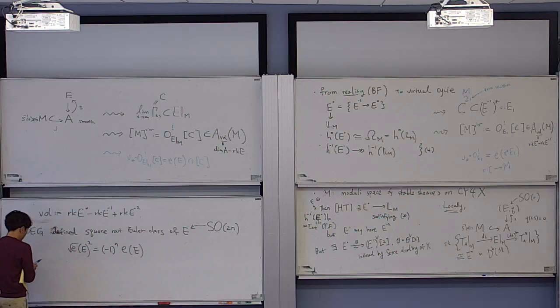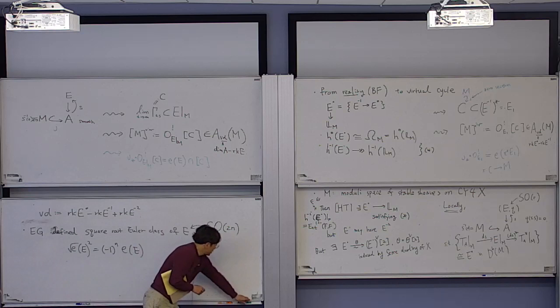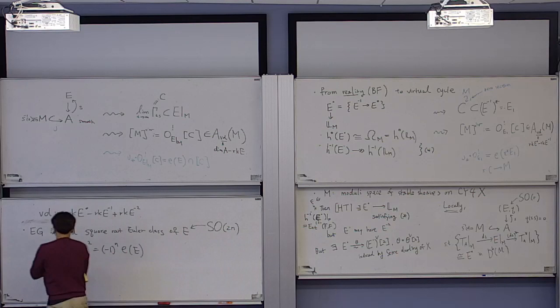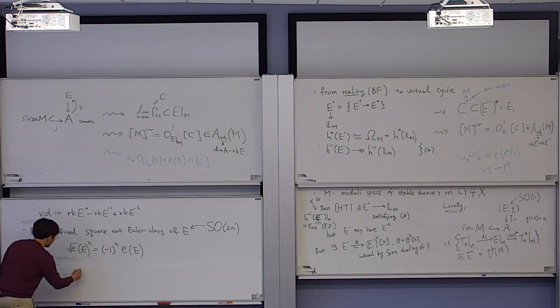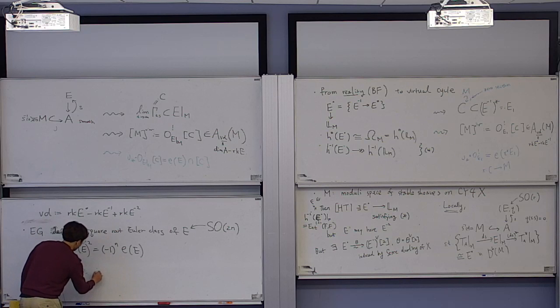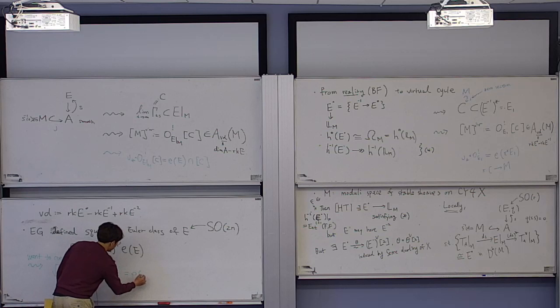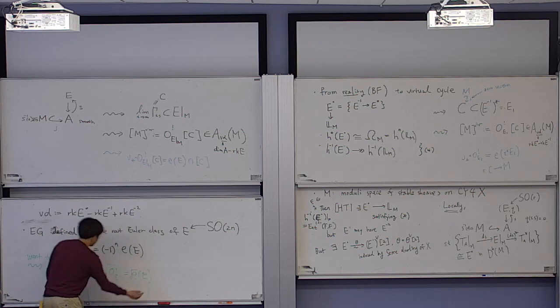Now we want to construct a square root of the inverse Thom isomorphism satisfying something like this.